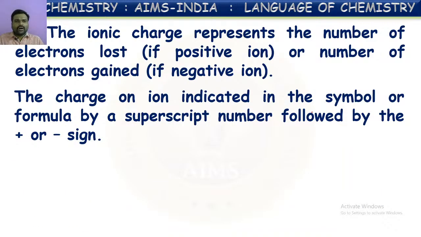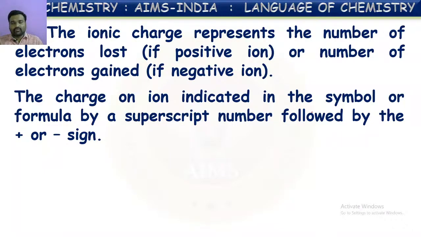The charge on an ion is indicated in the symbol or formula by a superscript number followed by either a positive or negative sign. By the loss or gain of electrons, atoms form ions. These ions are represented with a number in the superscript, which represents the number of electrons lost or gained.